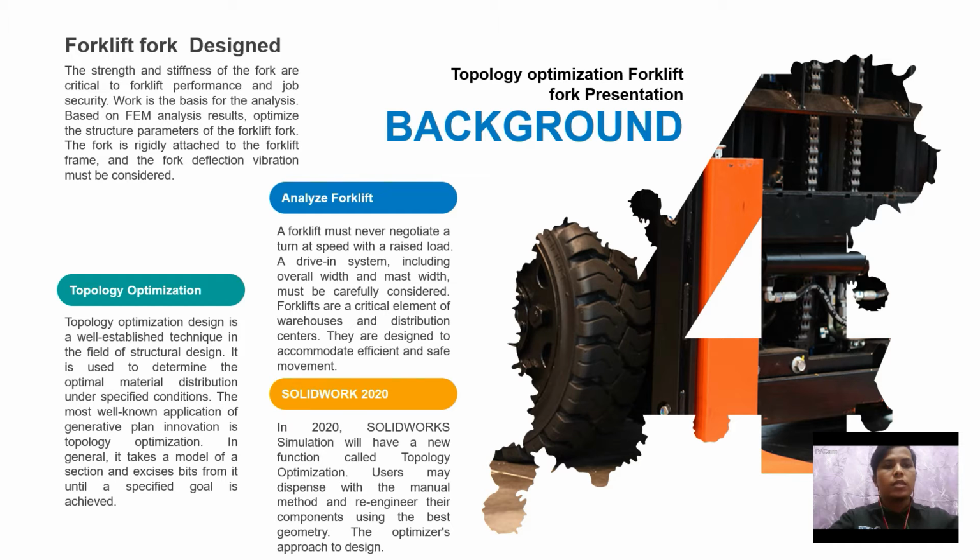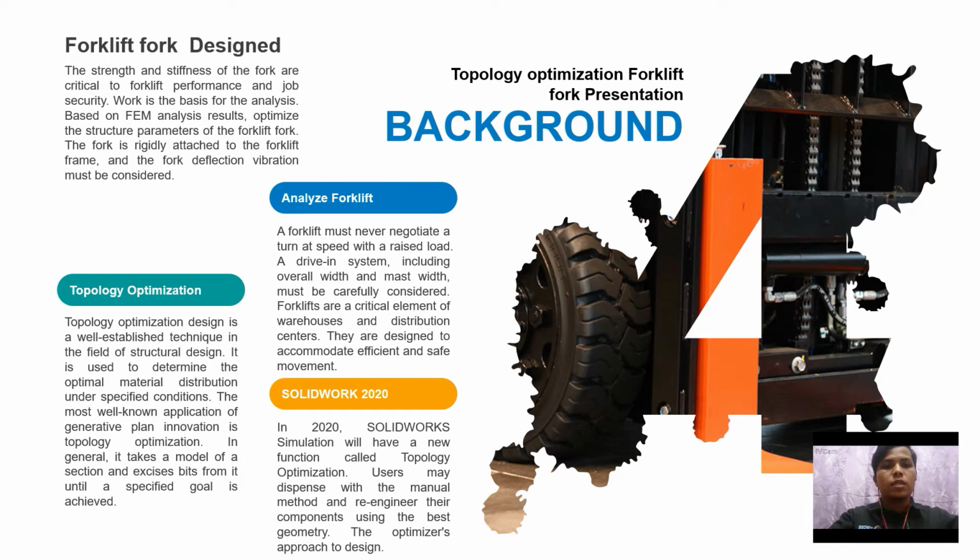The aim is to arrive at the optimal design given a set of priorities and constraints. This includes increased productivity, strength, dependability, lifespan, efficiency, and ease of use. SolidWorks 2020 has a simulation with a new function called topology optimization.